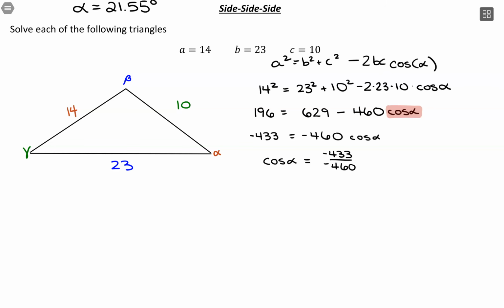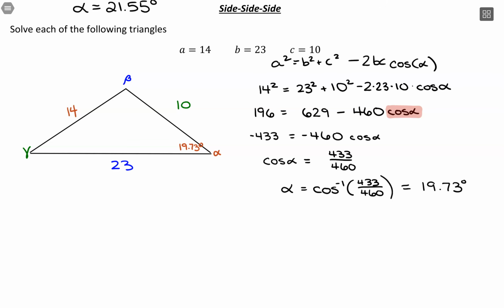You could have the negative still in there, but negative divided by negative is a positive, so you could just have it that way too. And now I can solve for alpha by taking inverse cosine of that ratio of 433 over 460. And then we just plug that into the calculator, and that is 19.73 degrees. So there's one angle measurement.